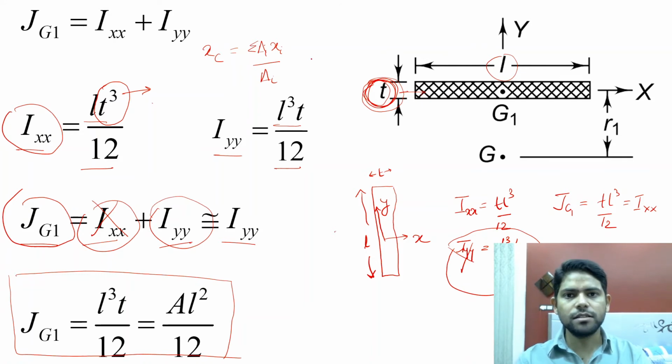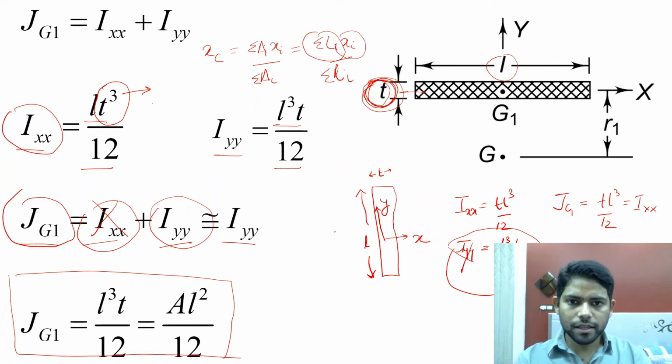But for the welds, since the thickness is the same for all the welds, you can assume it to be summation of LiXi upon summation of Li. Where Li is the individual length of each weld, and Xi is the distance of the center of gravity of the weld in question from the origin of your Cartesian coordinate system.